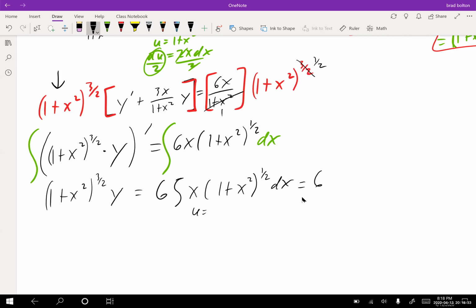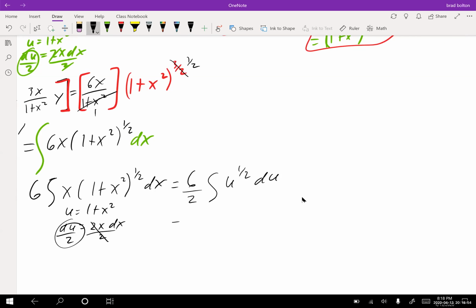This is u equals 1 plus x squared. Du equals 2x dx. Divide both sides by 2. So we have du over 2 is worth an x dx, which is what we have. So I'm going to do 6 over 2 times the integral of u to the 1/2 du. So this will become 3 u to the 3/2 over 3/2 plus c.